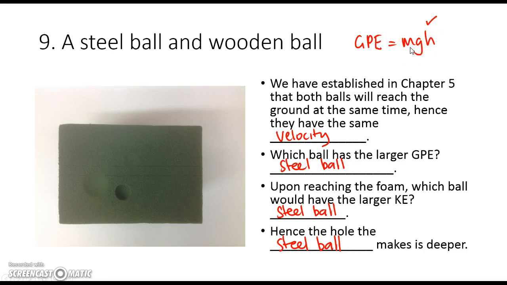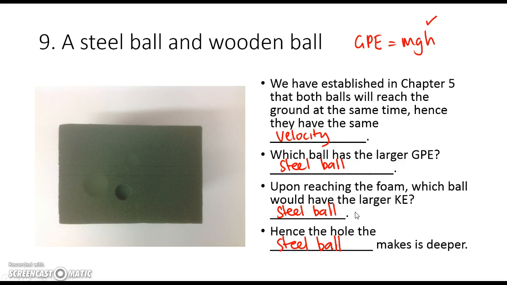But since the steel ball has a larger mass, the steel ball has a larger gravitational potential energy. Once you release the balls and they hit the foam, which ball would have the largest kinetic energy? That would be the steel ball as well, because it had more gravitational potential energy to start with. So when converted to KE, it will have more kinetic energy.